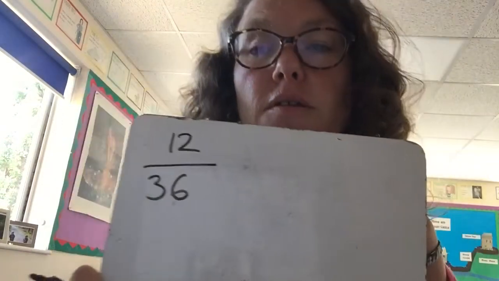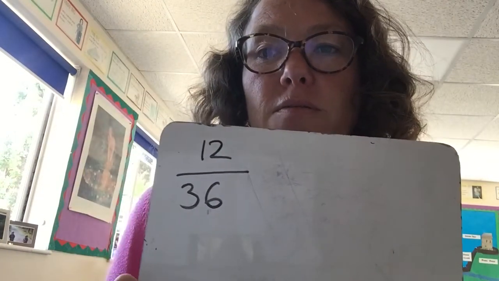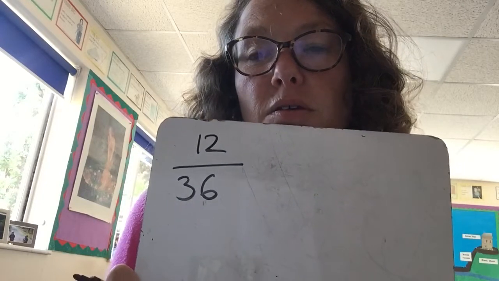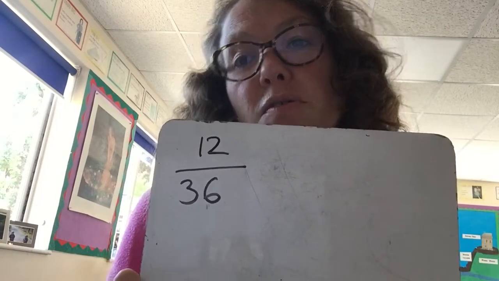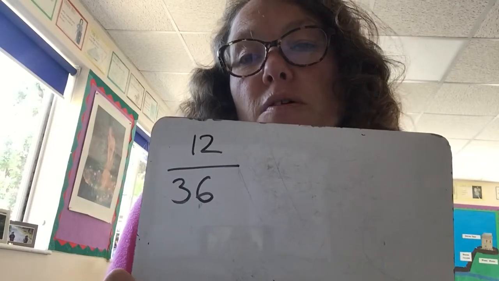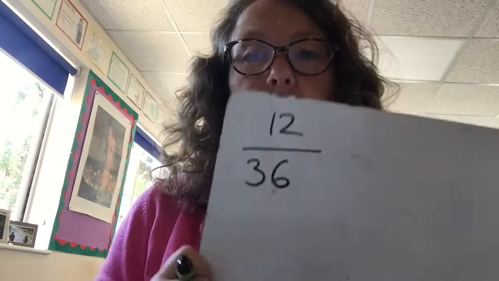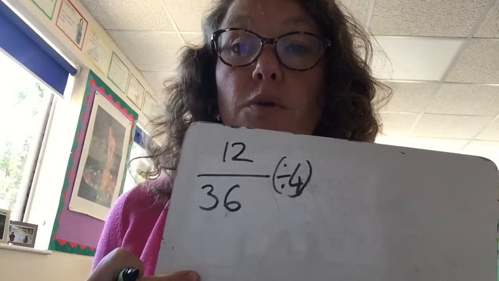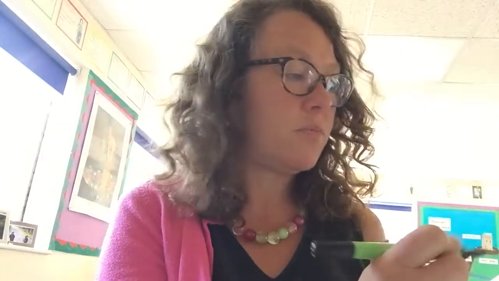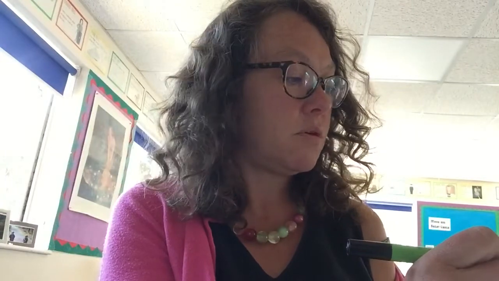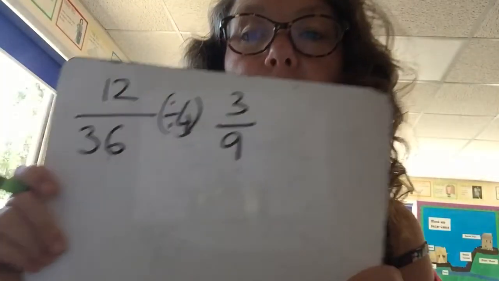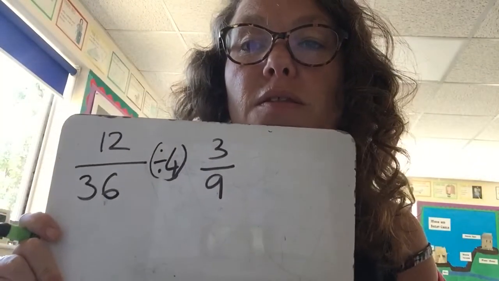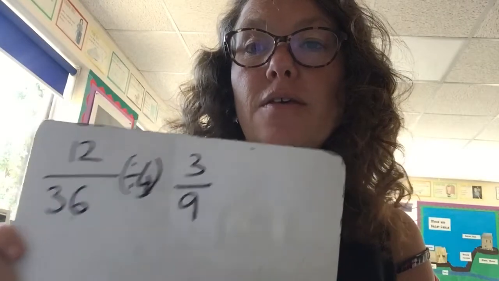Now there's quite a lot of factors in 12 and 36, so let's start with 4. 4 goes into 12 and 4 goes into 36. We put that in brackets to remind us what we're doing. So 12 divided by 4 equals 3, and 36 divided by 4 equals 9. So now we've got 3/9, but we can simplify that again, and that is the key with these ones.